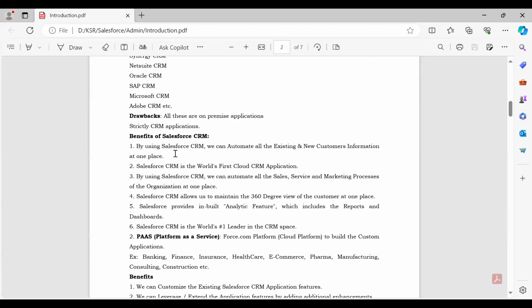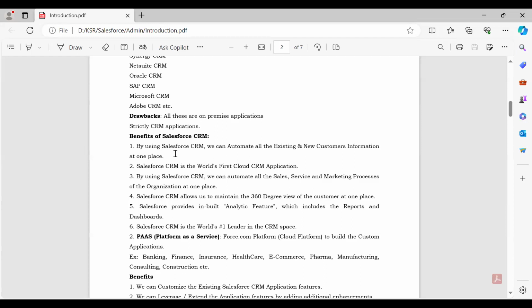For the healthcare industry, they have provided a new application called Health Cloud, using which we can automate the health-related processes of any organization like hospitals and healthcare centers. We can make use of this Health Cloud product to automate the processes. So when it comes to a hospital, what does automating the processes include?